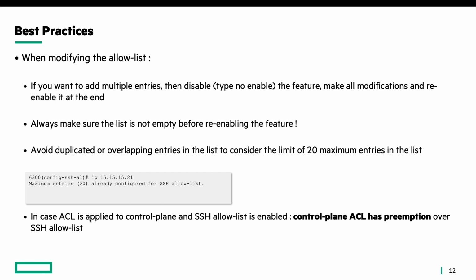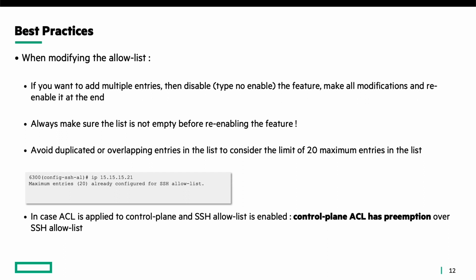Now, an interesting point. We saw initially in the second slide that before 10.12, there was a feature, the control plane access control list, which was able as well to secure, so to filter, the SSH connection to the switch.